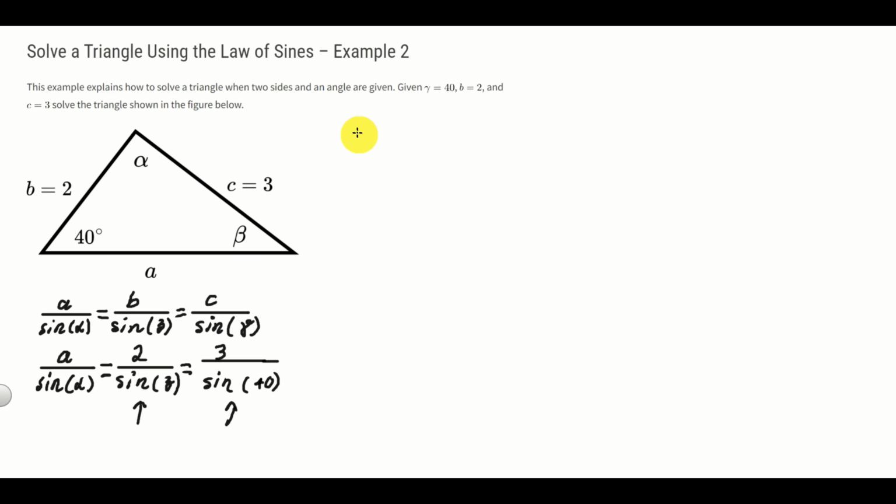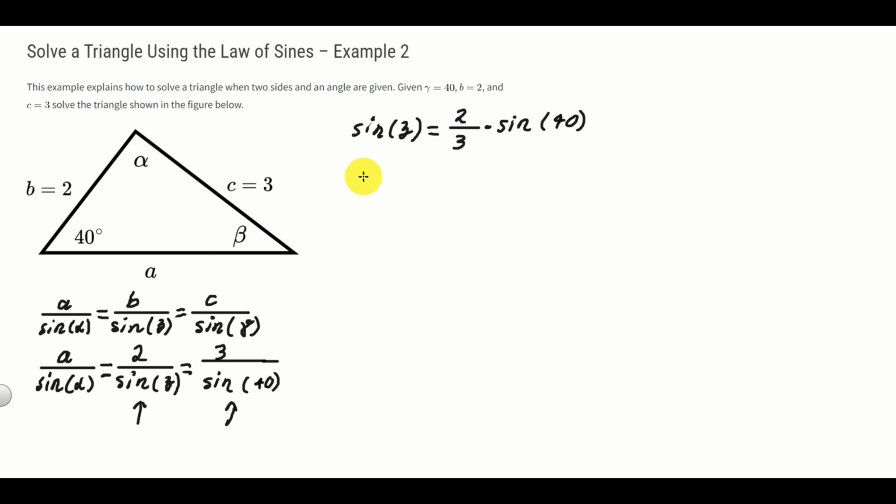It follows that sine beta is actually equal to 2 over 3 multiplying sine 40. Let's double check this. We can see that beta goes here, sine 40 goes here, and 3 goes down. And that's exactly what's written over here.